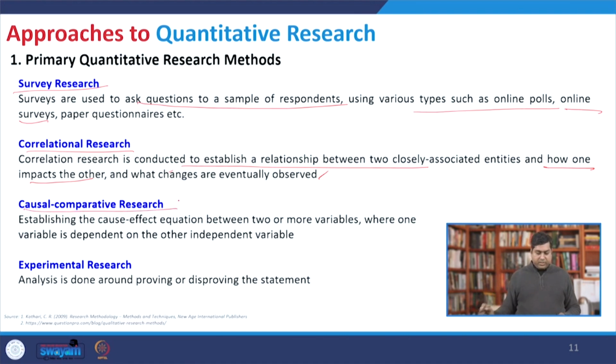Causal comparative research, as I mentioned earlier, establishes the cause-effect equation between two or more variables, that by changing one particular parameter, how the other is going to vary. In this case we pick up something called a dependent variable and something called an independent variable. I'm taking the same example of water supply.